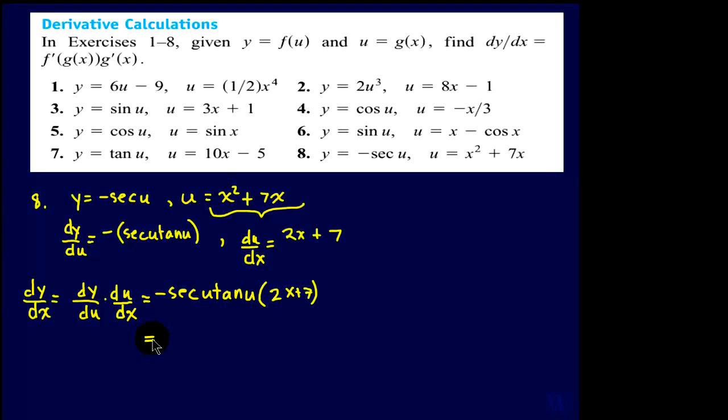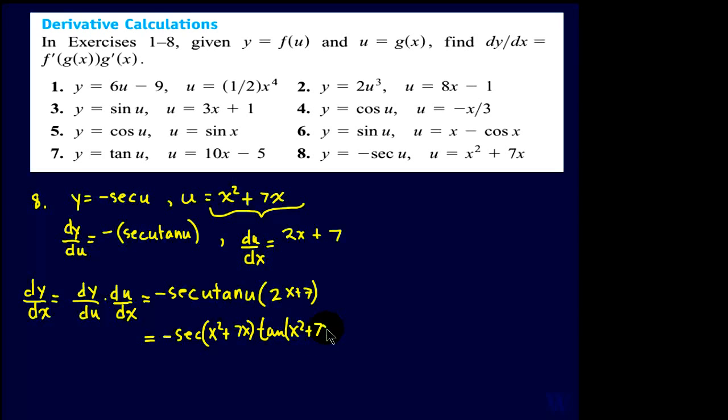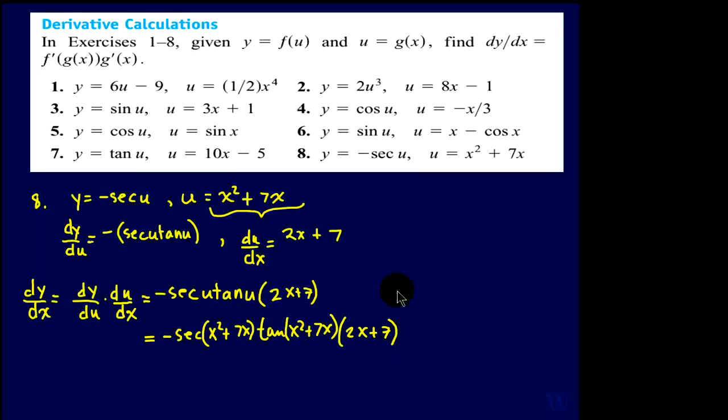And of course, everything has to be in terms of x. So that's negative secant of x squared plus 7x tangent of x squared plus 7x times 2x plus 7.